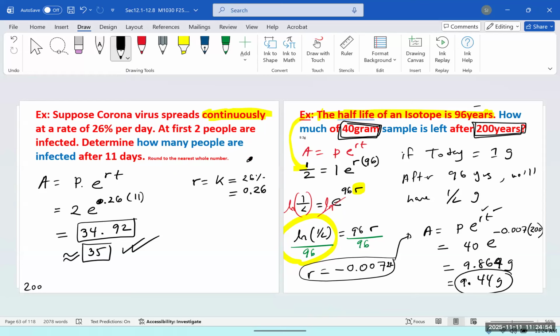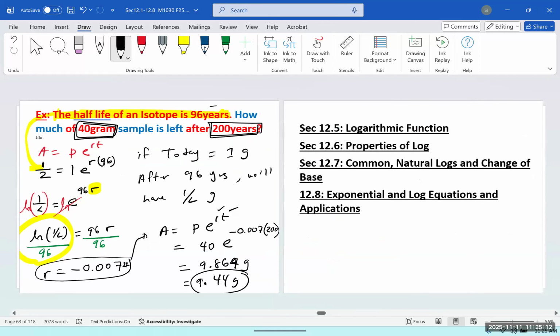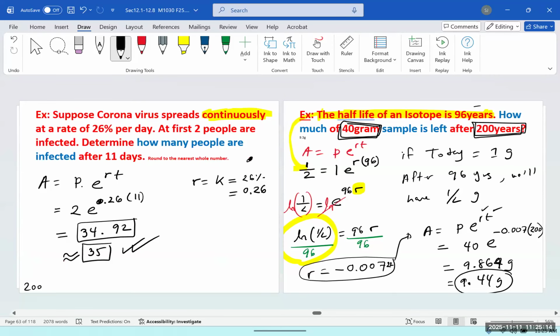So when you round, you should keep more places at the beginning so that at the end you get more accurate results. Rounding error is actually a huge problem in math. It didn't specify, but in the middle, anytime you round, you have to keep at least 4 or 5 places.